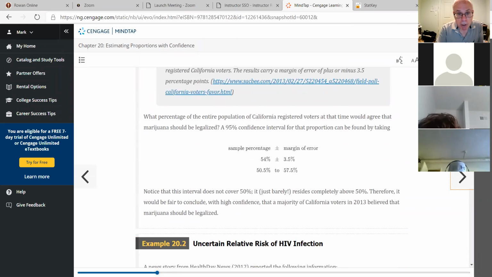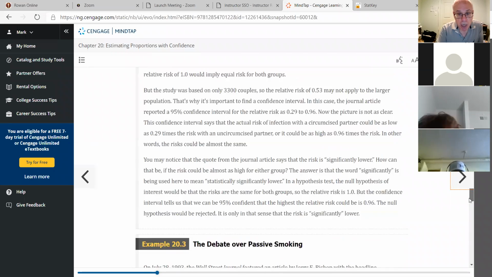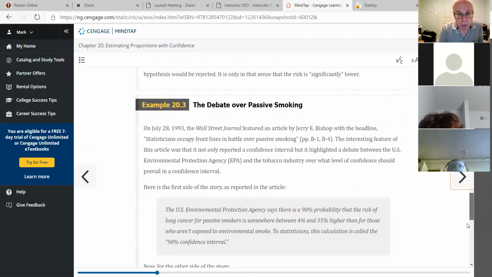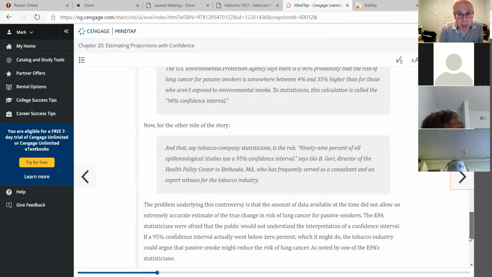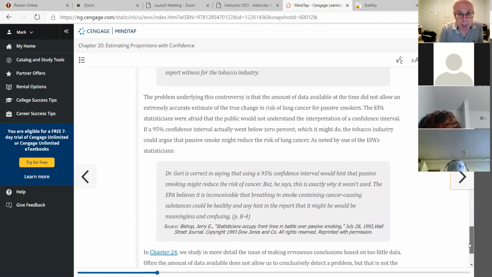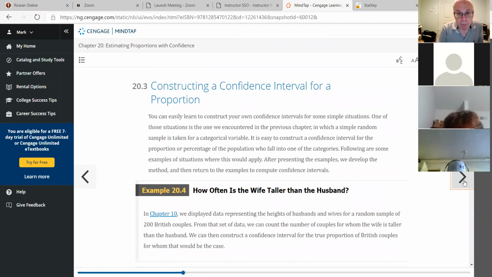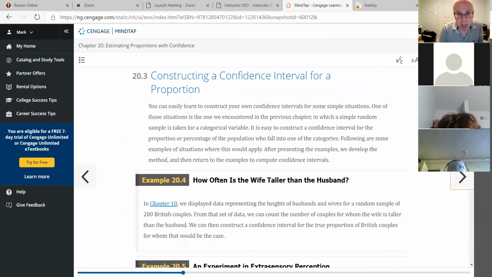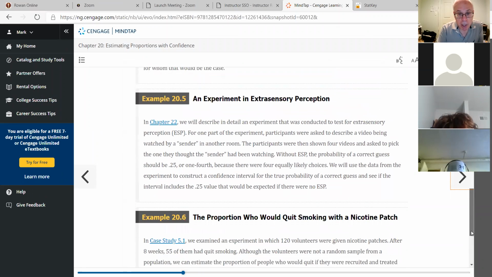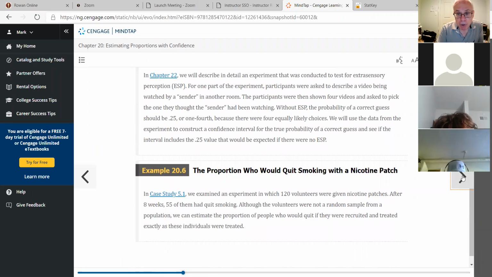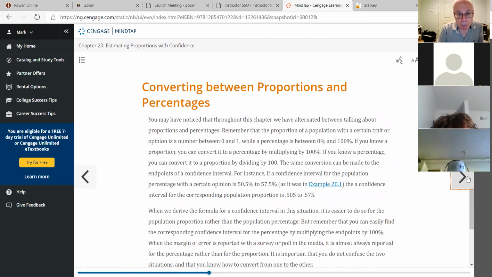Now, the margin of error, how do you calculate it? That's done later on in this chapter, but you're not responsible for it. Just so that you have an idea, in finding a confidence interval for a proportion, we first calculate that margin of error.